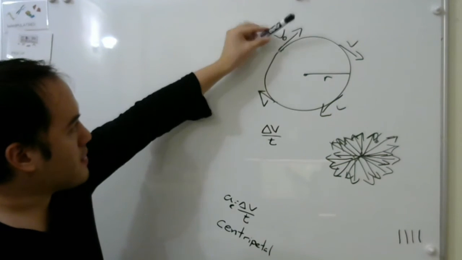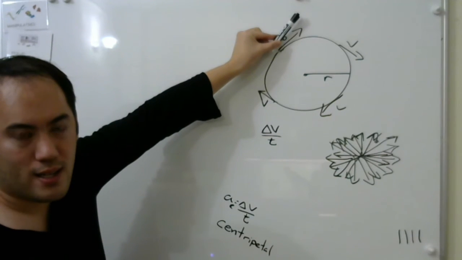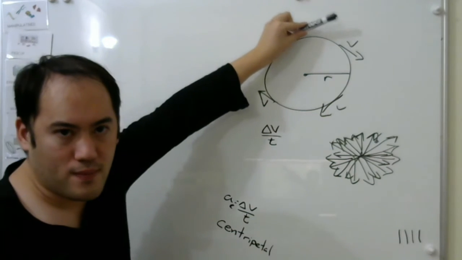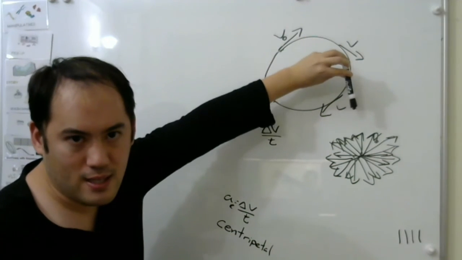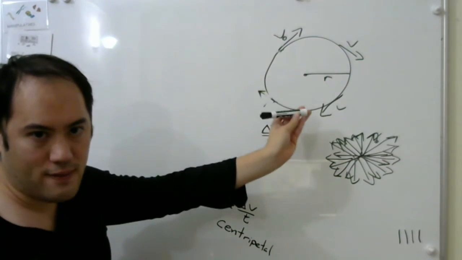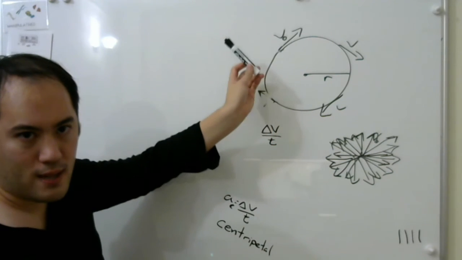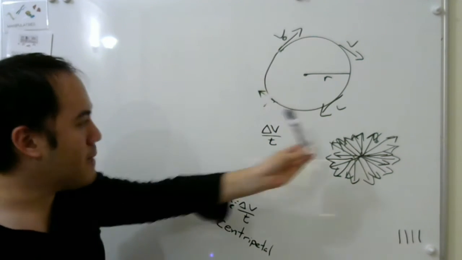The velocity starts out up and to the right, then it points right, then down right, down, down left, left, up, up right. It makes a full circle.